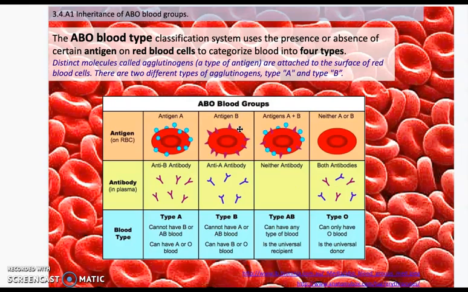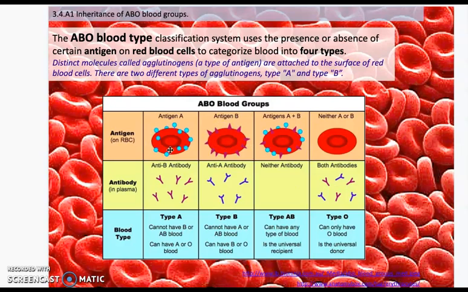For example, if you put a blood type B person's blood into a blood type A person's body, the A person's body is going to react negatively to that because your body would be recognizing those antigens on the outside of the B blood cells as foreign cells that don't belong in the body.